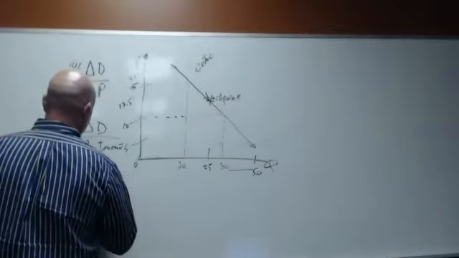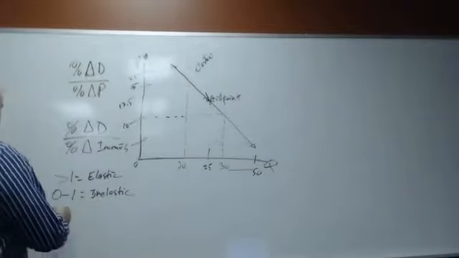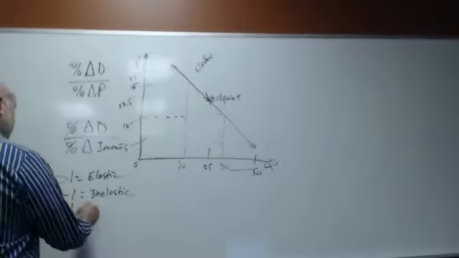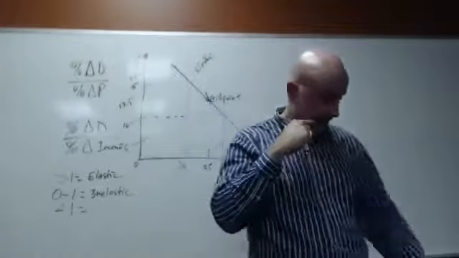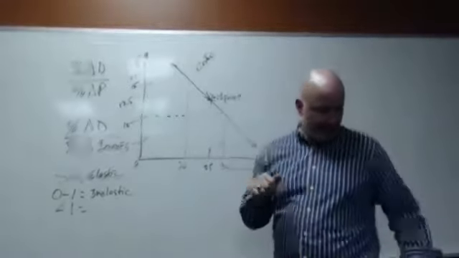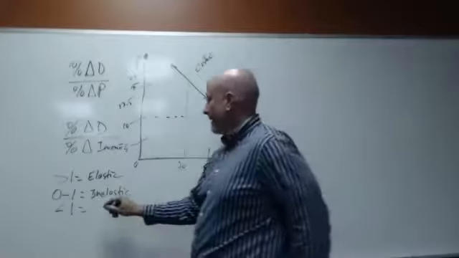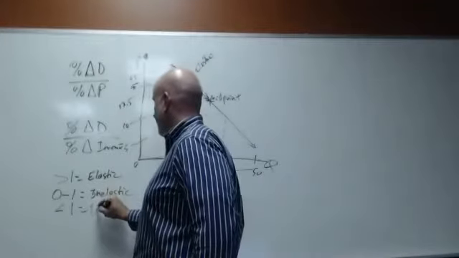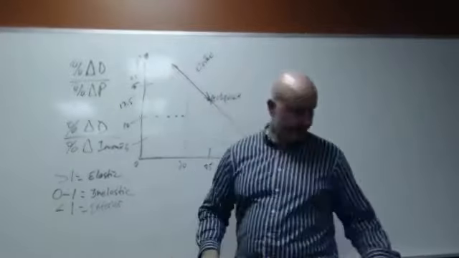Between 0 and 1, we say it is income inelastic. And finally, if it's less than 1, we say it is an inferior good.